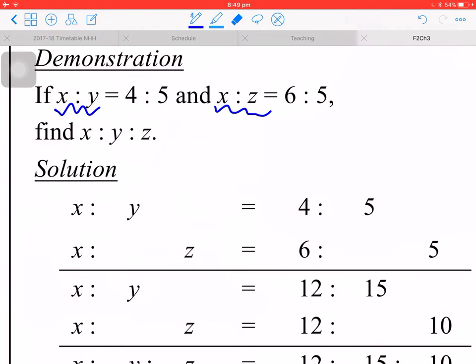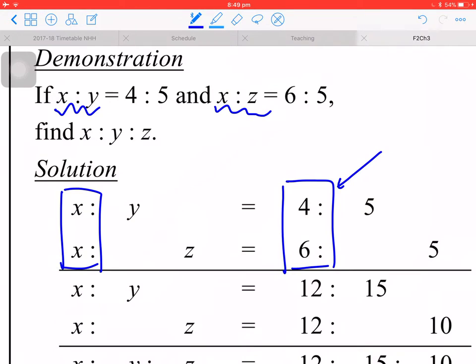For x to y and x to z, the most common thing is the x, so you have to join them together. But now you can see that on the upper part it is 4, and on the lower part it is 6. So you have to make them become the same.